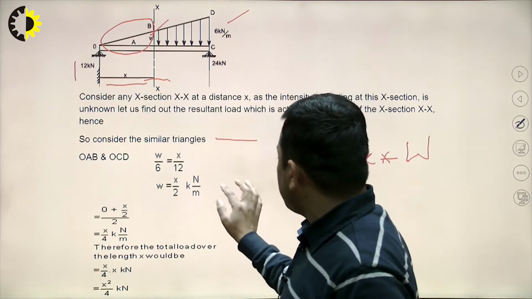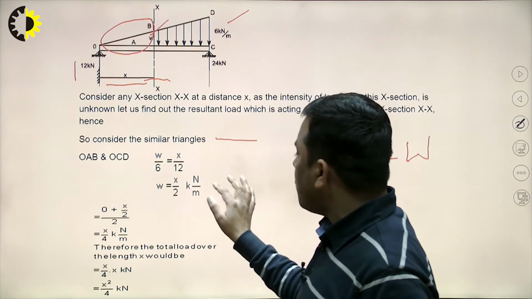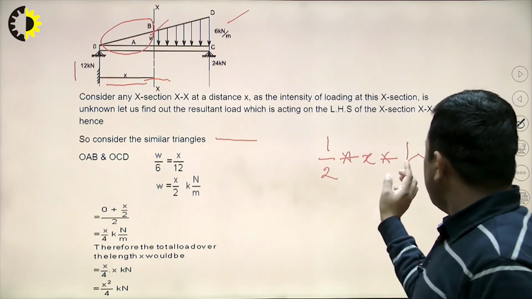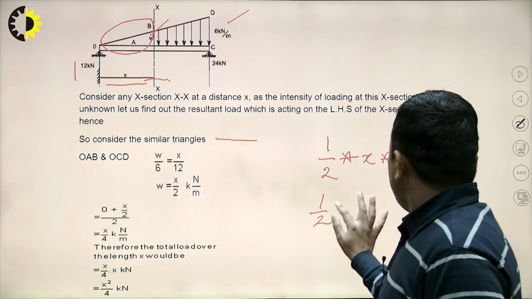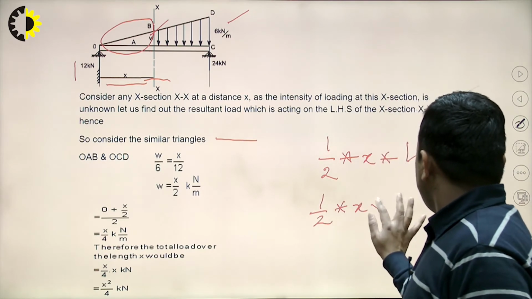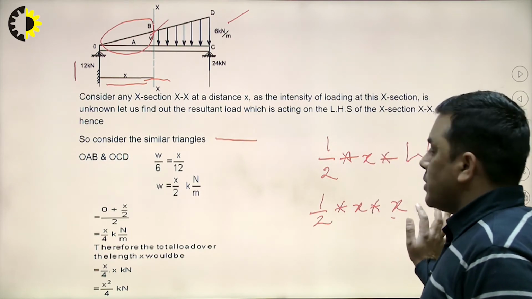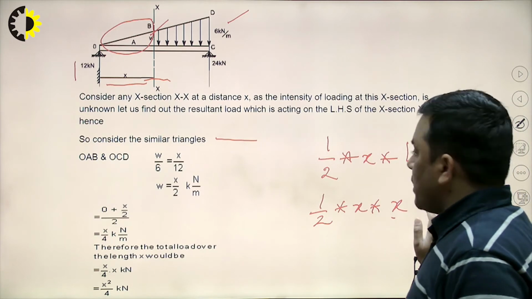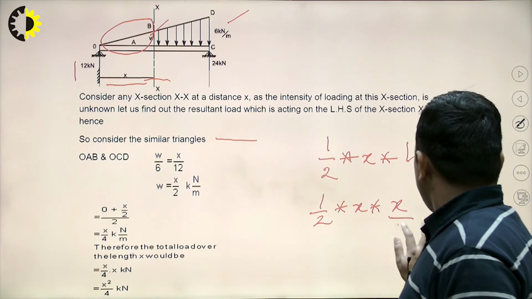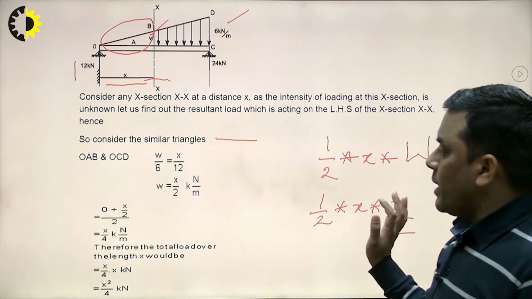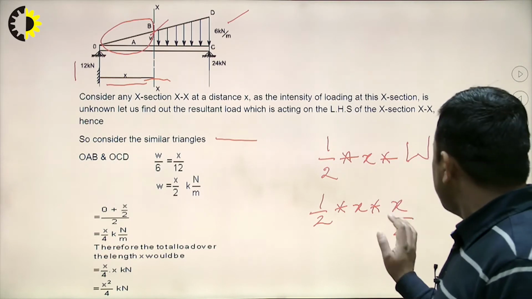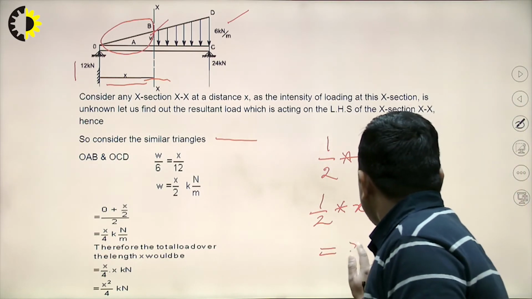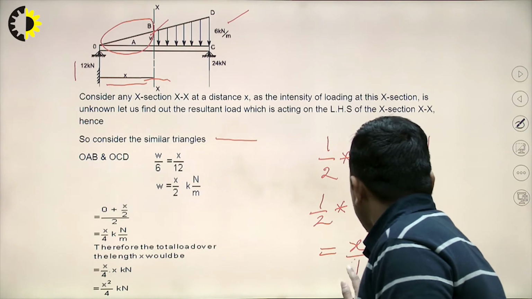So, this W is coming out x by 2. Now, half into x into x by 2 is coming out x square by 4.